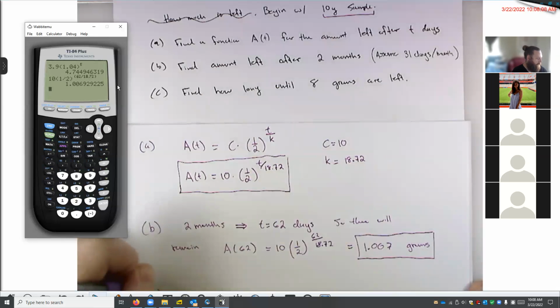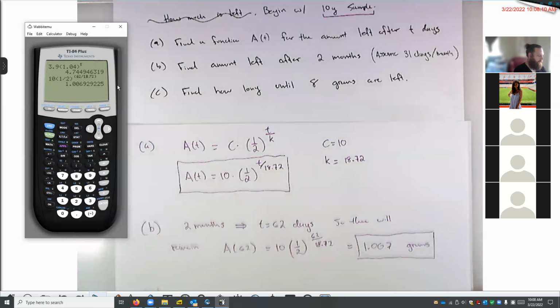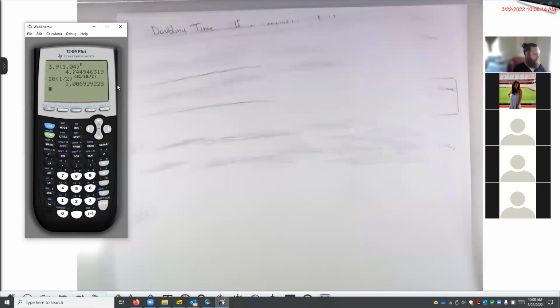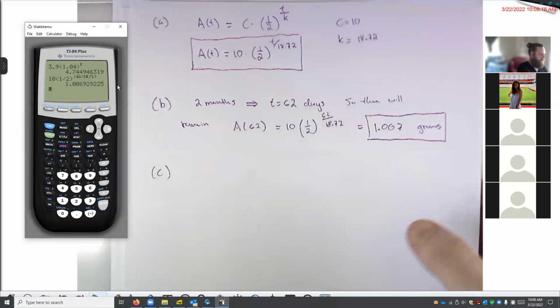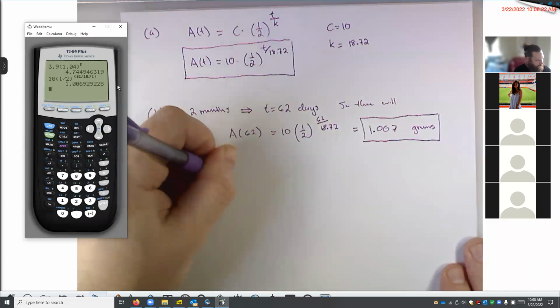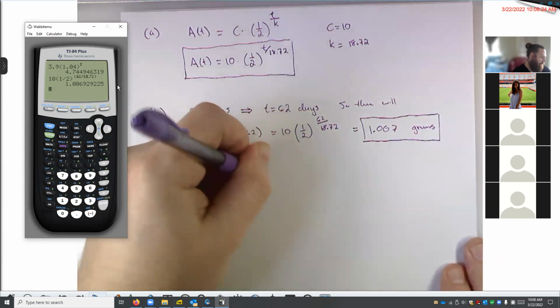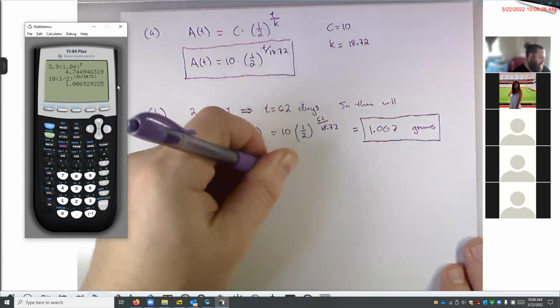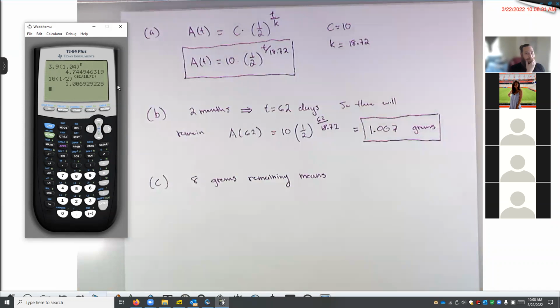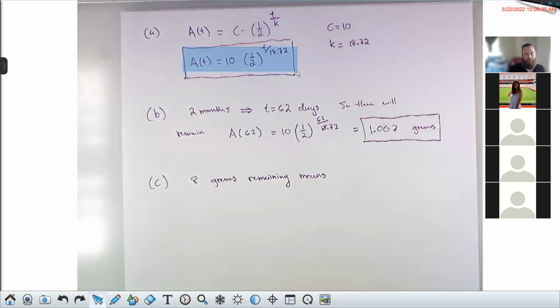Let's go ahead and answer part C. This is a slightly tougher one. We want to know how long until only 8 grams remain. This is going to point us to solving an equation. A of t, this function here, tells me how much thorium is left after t days.